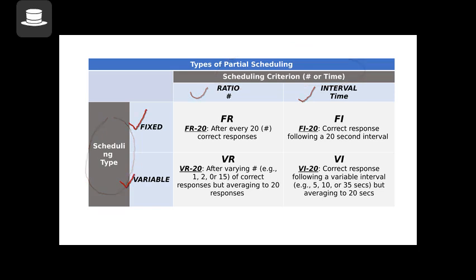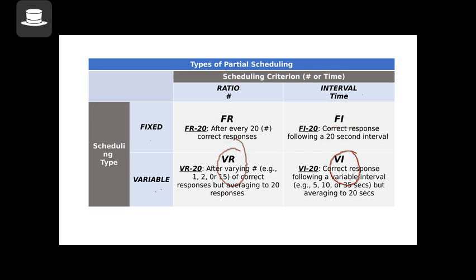The result is a 2x2 table with 4 possible cells. And the 4 possibilities are FR, which is an example of fixed ratio scheduling; FI, which is an example of fixed interval scheduling; VR, which is a variable ratio kind; and VI, which is a variable interval kind.